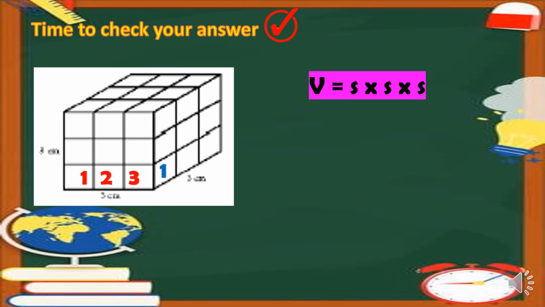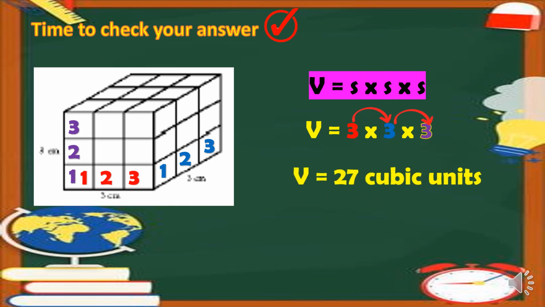Since cube yan, dapat pare-parehas yung kanilang sides. So we have 3. When we substitute, that is 3 times 3 times 3. So again, let us multiply to get the volume. The volume is 27 cubic units.